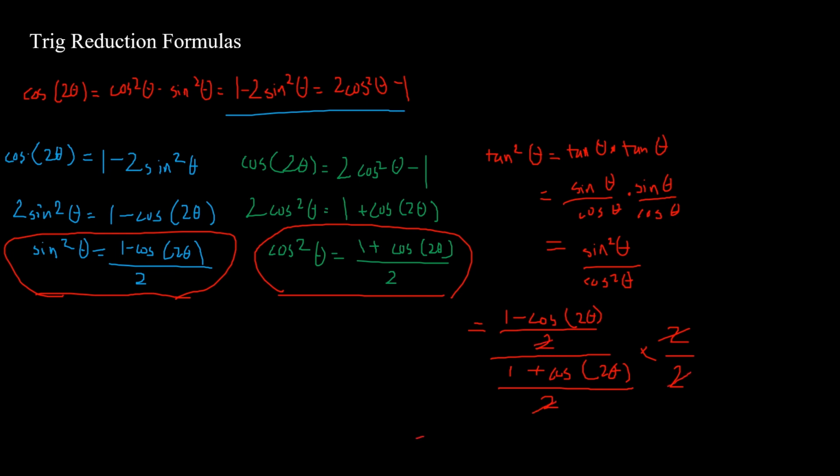So what we end up with is 1 minus cosine 2 theta over 1 plus cosine of 2 theta. So that is how we got the tangent squared theta, or the tangent trig reduction formula.